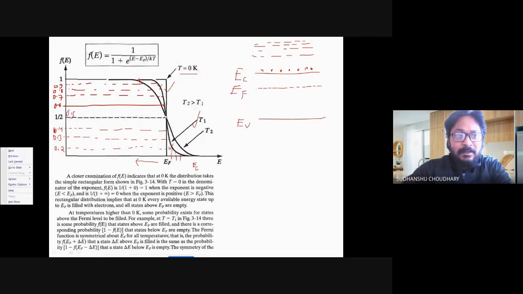It is increasing as you move below EF, that is, the probability of finding an electron at lower energy is increasing. So maybe at this point you will find that all states are 100% occupied by electrons. Lower energy levels are fully occupied by electrons.